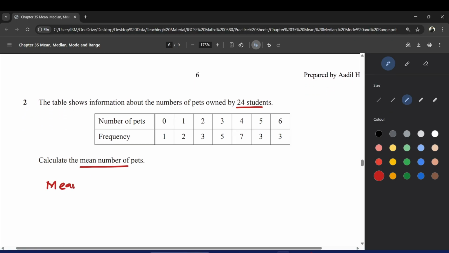So the mean is sigma fx divided by sigma f. This is your f and this is your x.